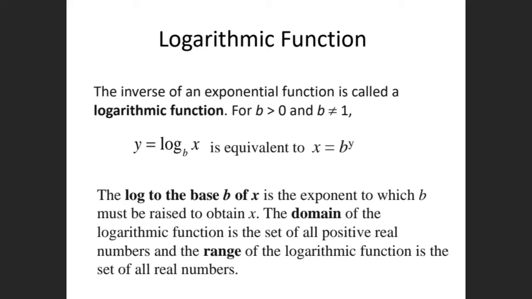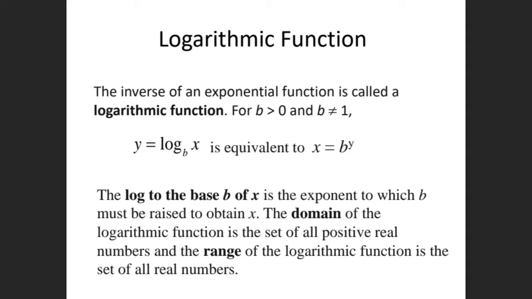If you remember, the domain of the exponential function was from negative infinity to positive infinity in interval notation. Now the domain for the log function is just the positive values from 0 to positive infinity. That was the range of the exponential function. And the range of the log is from negative infinity to positive infinity.